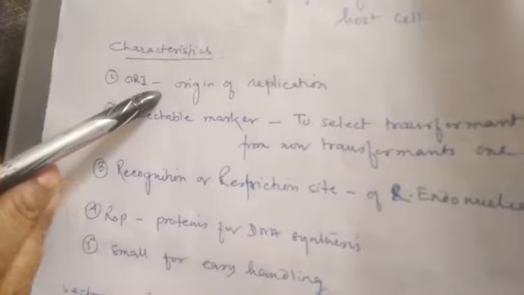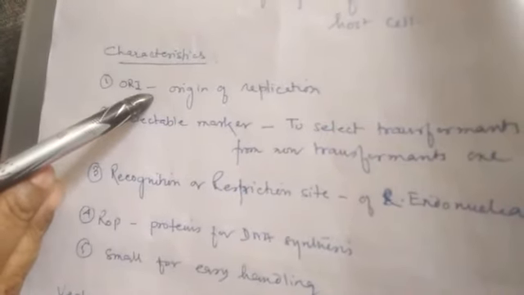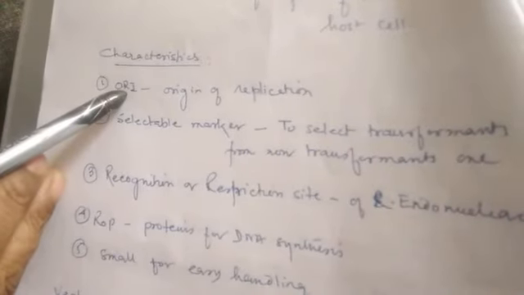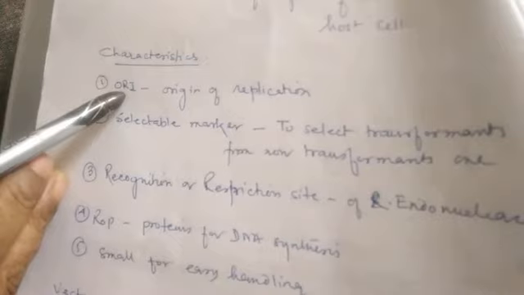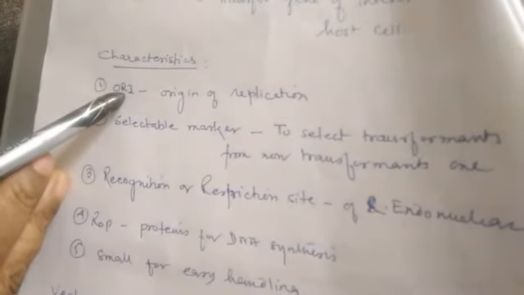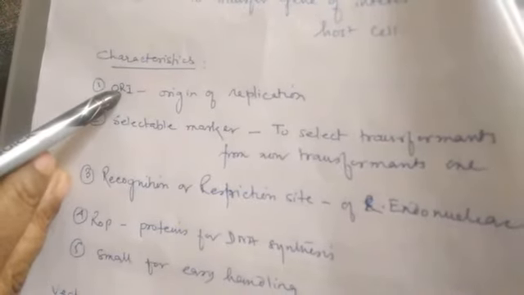Because it doesn't have that particular site where from it will start replication, and that particular site where from a DNA starts its replication is called origin of replication. This is very vital when we need a DNA to produce its copy or replicate. So without origin of replication, this DNA fragment cannot replicate.